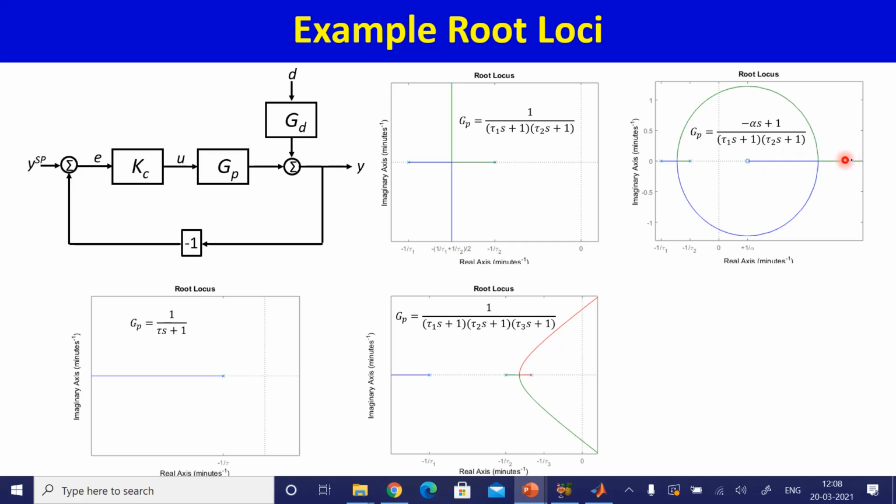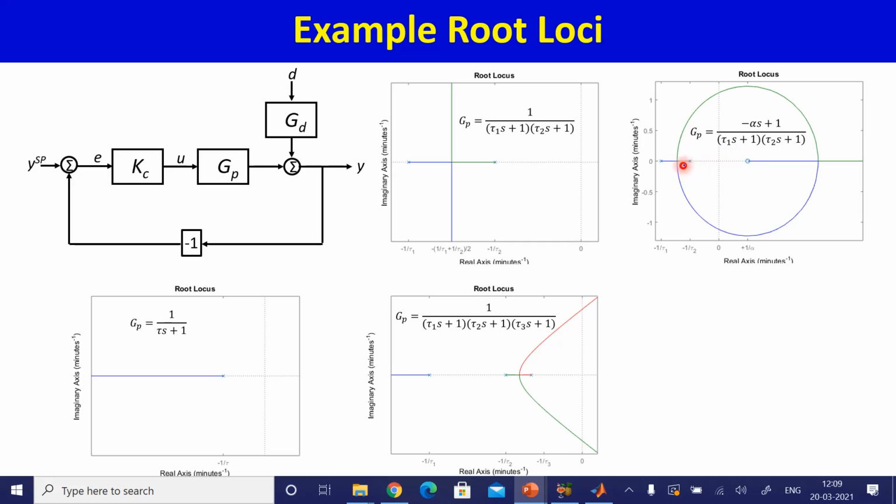So locus exists here. Does locus exist on this part? Number of points on the right is actually 1, corresponding to this 0. That is an odd number, and therefore locus does not exist here. Does locus exist between these two poles? Well, the number of critical points to the right is 1 pole here and 1 zero there. Total number is 2, and therefore that is an even number.